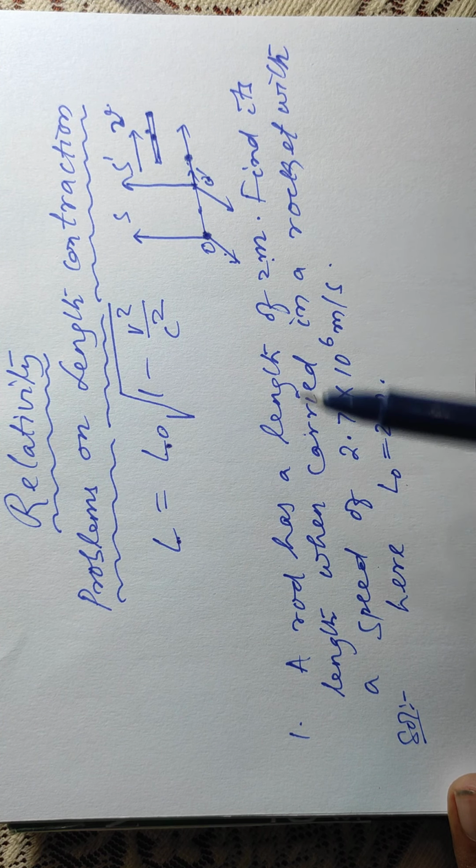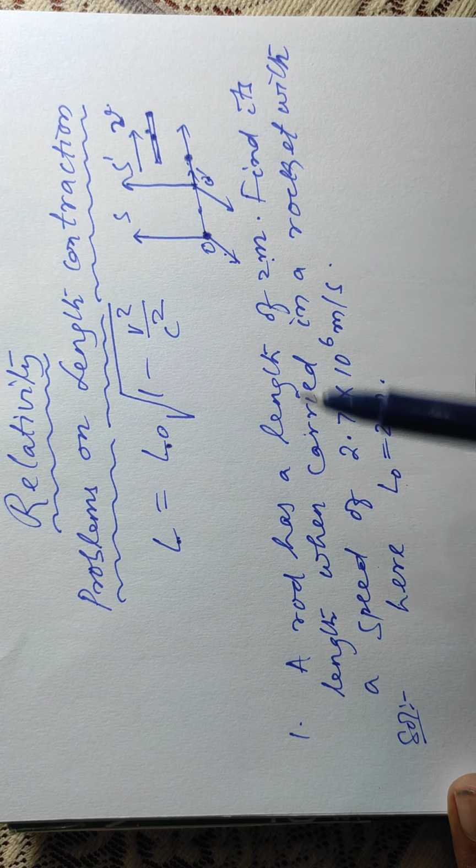See here what is given and what you have to find out. L0 you have to find out. L is equal to 1 meter and V is equal to 2 into 10 to the power 8 meter per second. Your formula is L is equal to L0 into root over 1 minus V square by C square. You have to find out L0, so L0 is equal to L divided by root over 1 minus V square by C square.